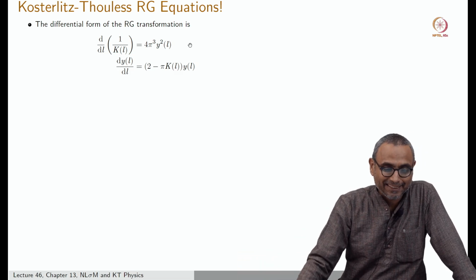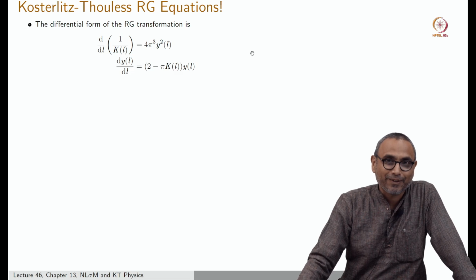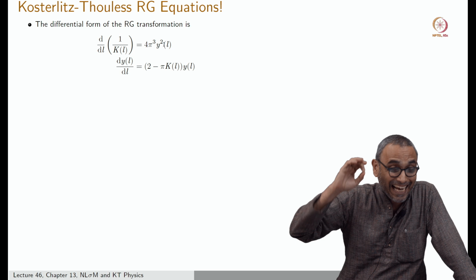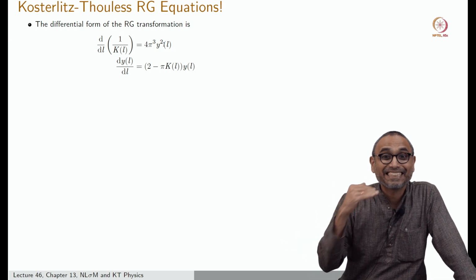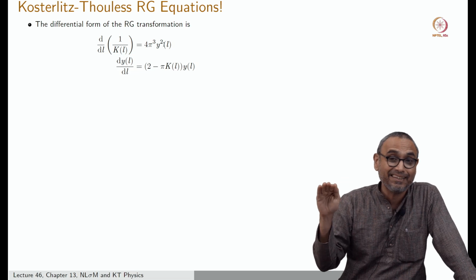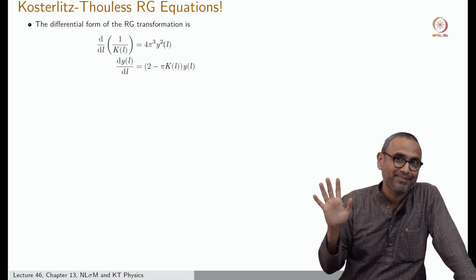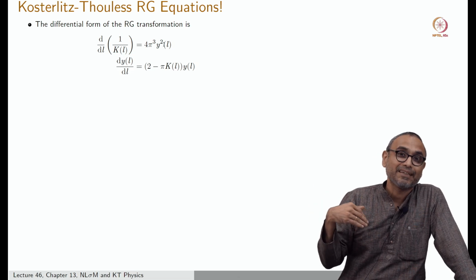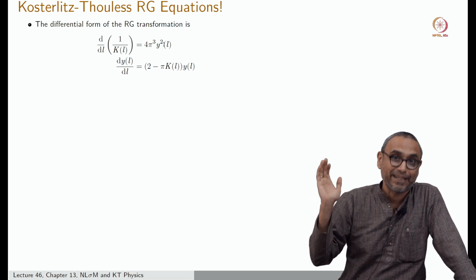So I have to set this equal to 0. When I set this equal to 0, the first equation will tell me that y_l has to be 0. This is the state where e to the minus E_c by T is 0. What does that mean? That means the core energy is infinite.